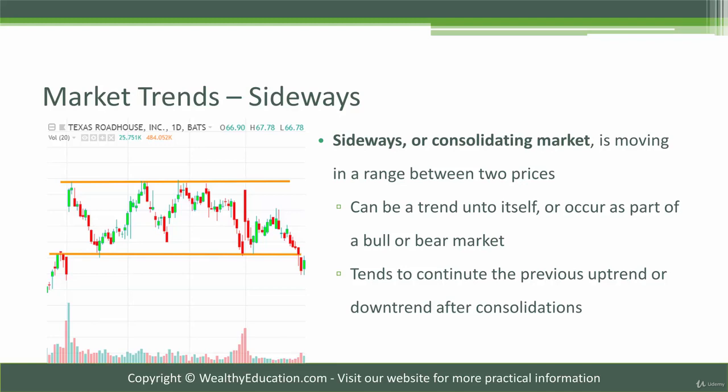So you'll have a strong move up and then a consolidation for some amount of time where the market moves sideways, and then you'll have another move up. Or you could have the opposite in a bear market where the market's moving down, then you have a sideways movement for some amount of time, and then you'll have a continuation of the bear market.